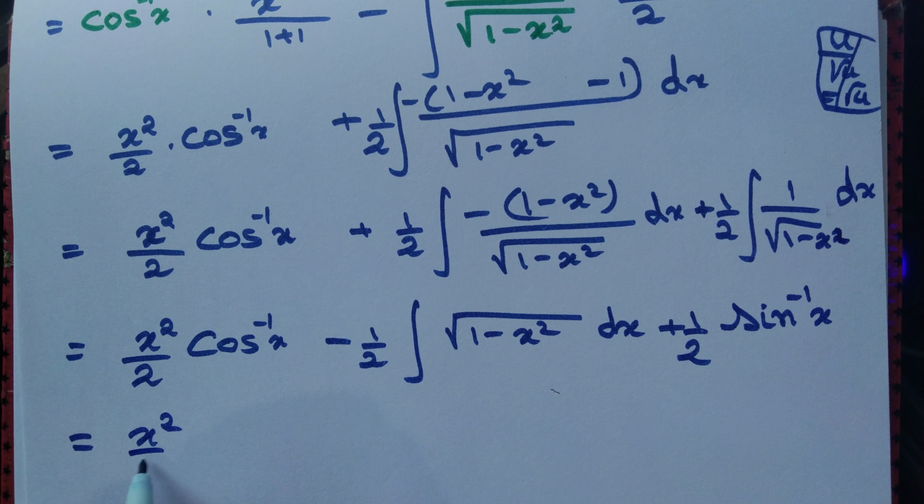X squared by 2 cos inverse of x minus half.